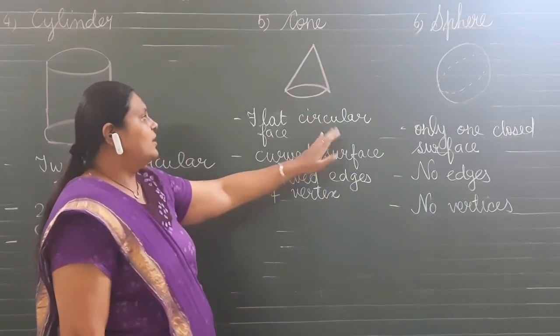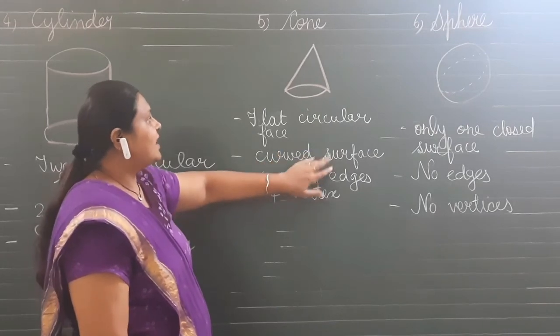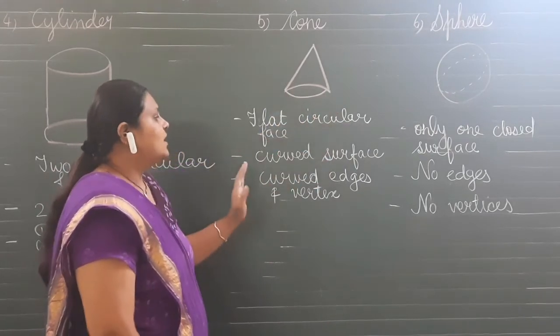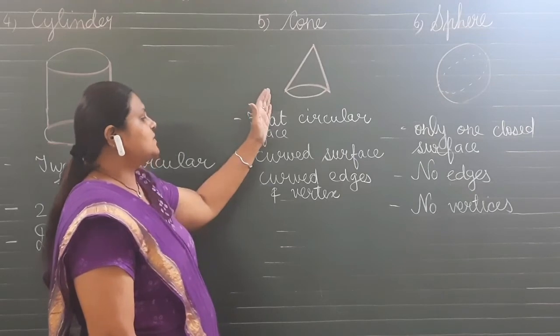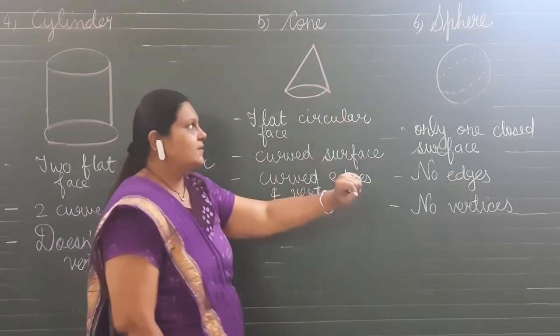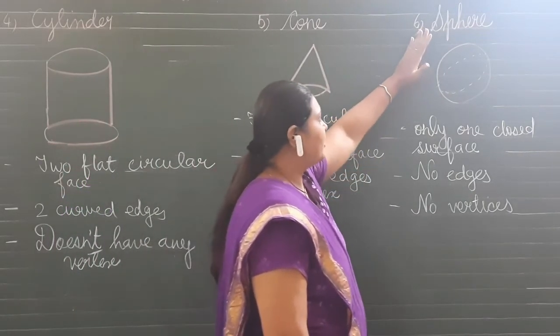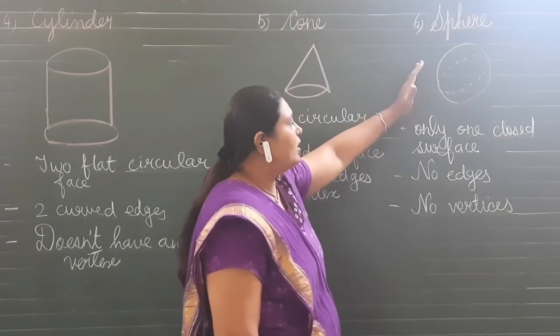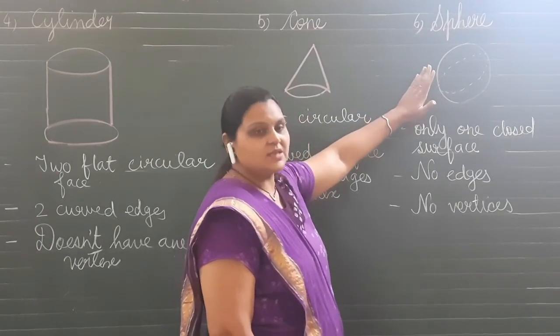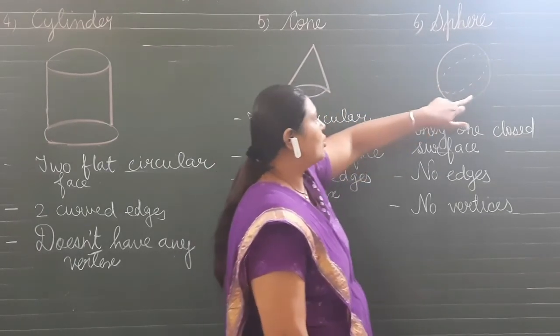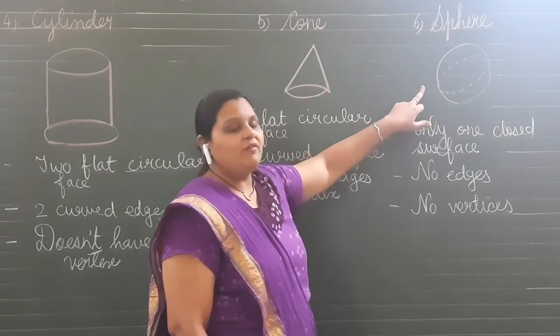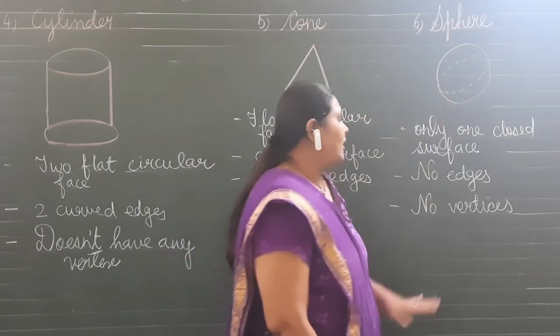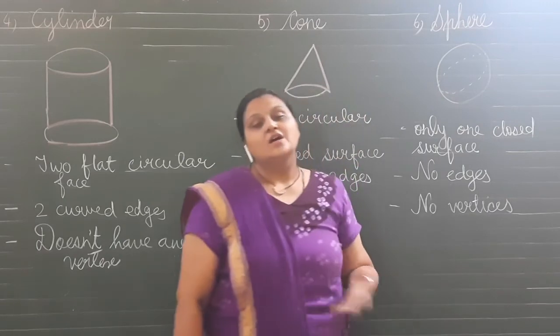Flat circular face. It is having a curved surface. It is having a curved edge and a vertex. Next is sphere. It is having only one closed surface. This is only one closed surface. It is not having any edges or any vertices.